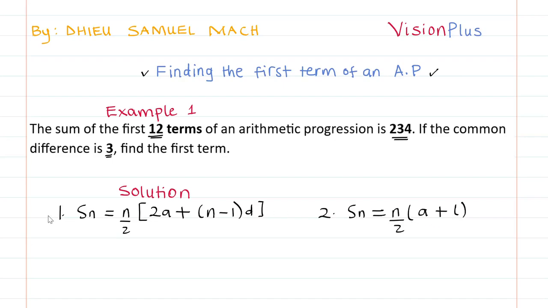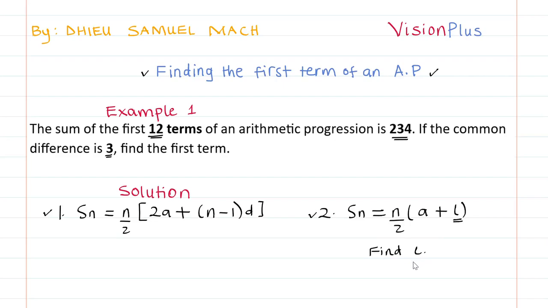We have learned how to use effectively the two formulas. So in finding the first term in this case, the choice is yours. Either you use the first formula or the second formula. Remember, when you are using the second formula, you must first begin by finding the last term.